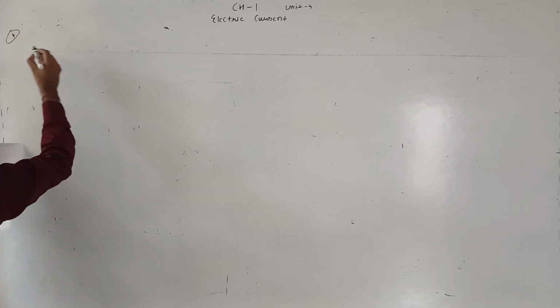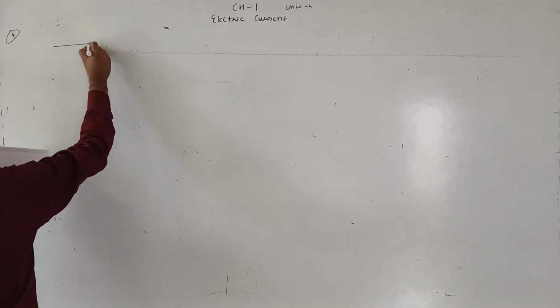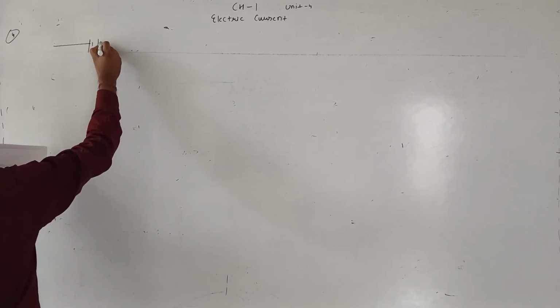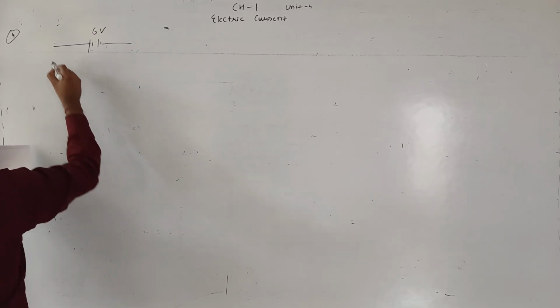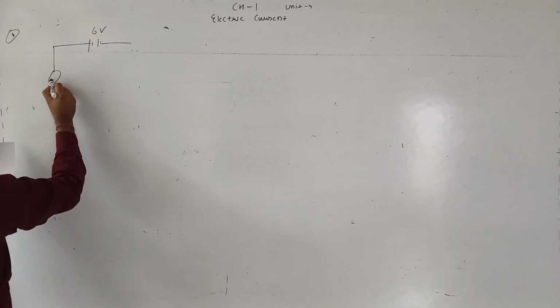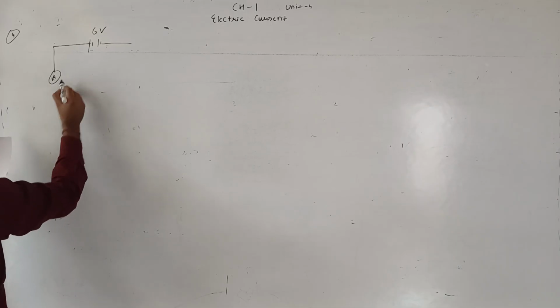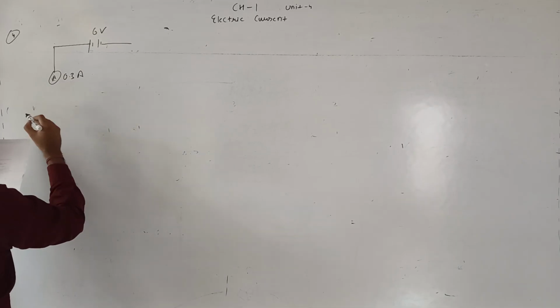There is a circuit given. There is a battery of EMF 6 volt. Then we have an ammeter. The reading of the ammeter is 0.3 ampere.